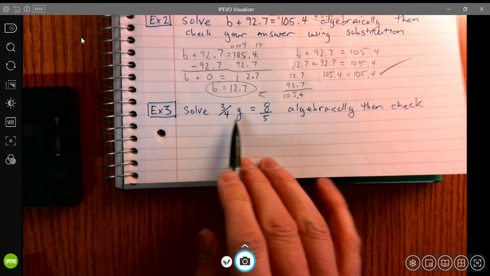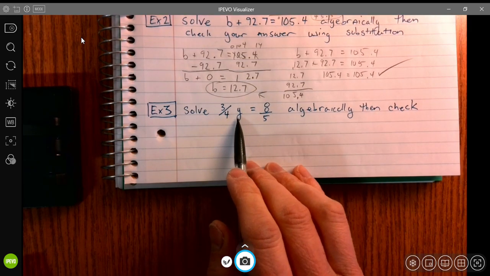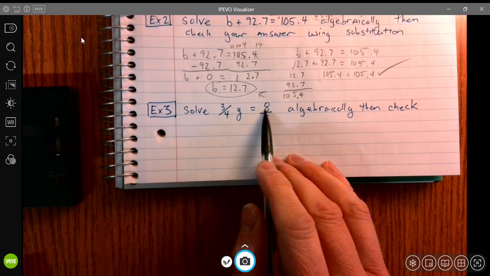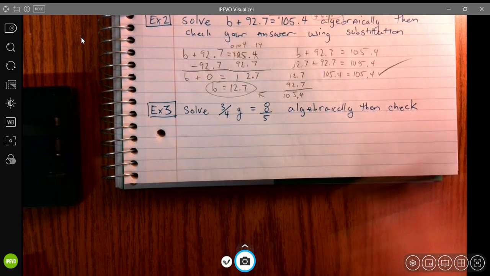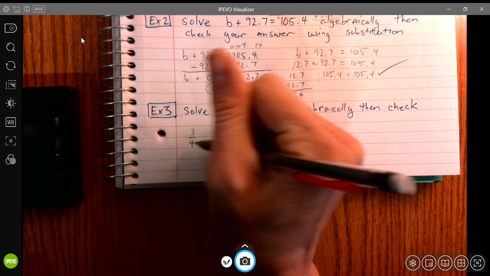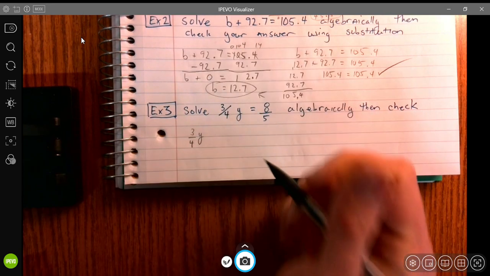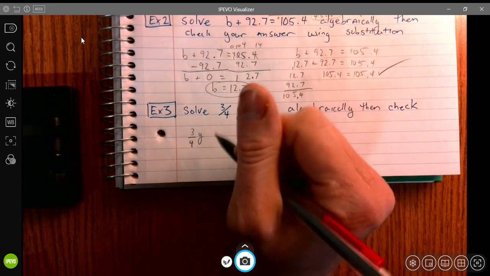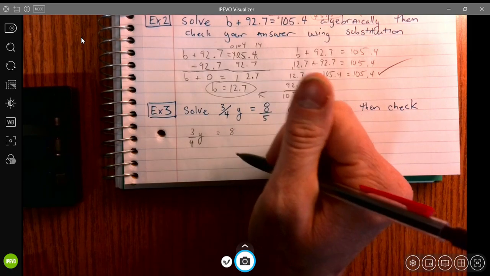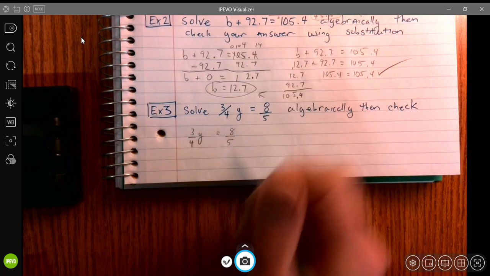Solve 3/4 y, or 3/4 times y, is equal to 8/5. Algebraically, then check. So I have 3/4 times y. We want to know, is that equal to 8/5?